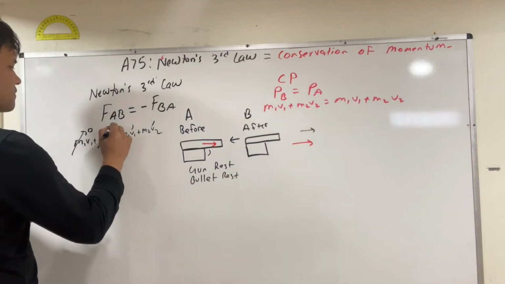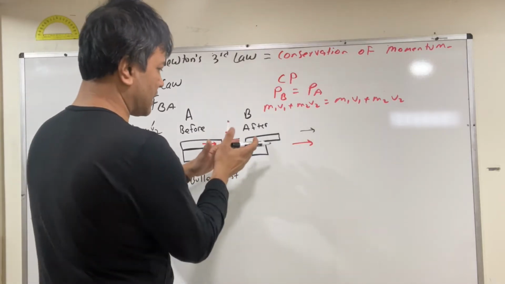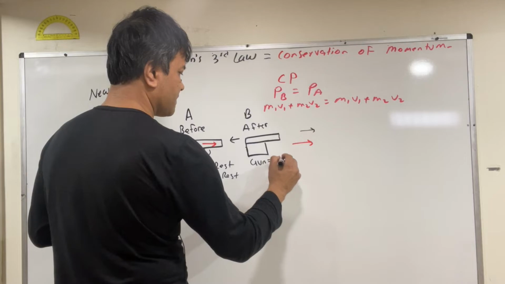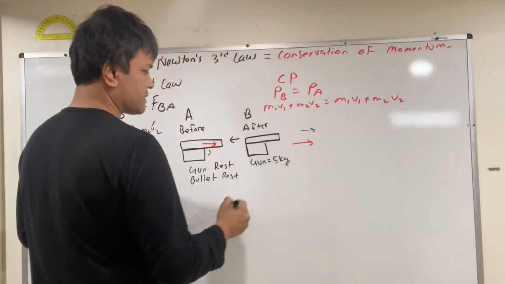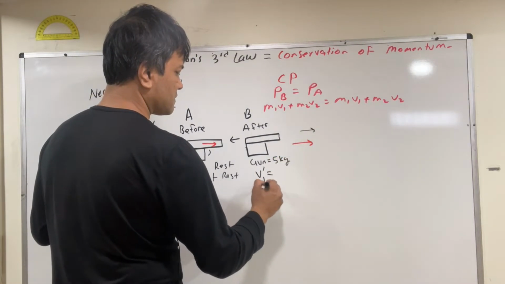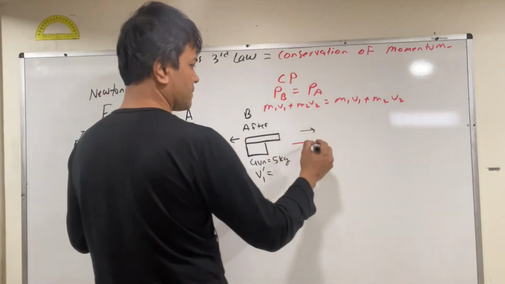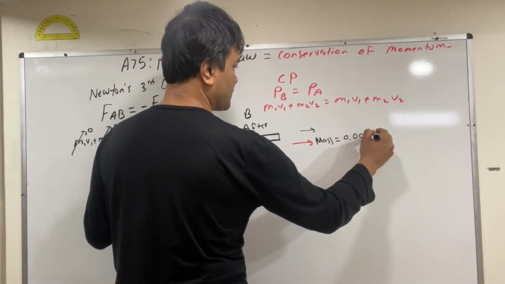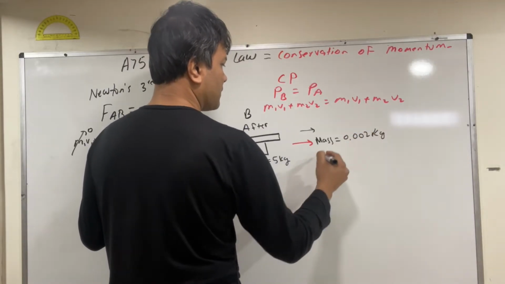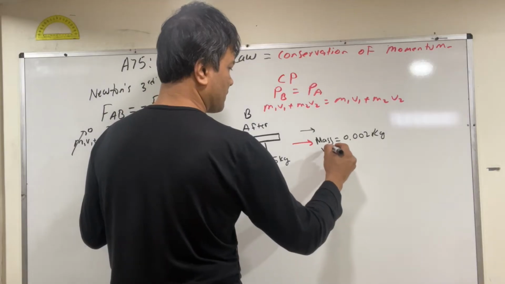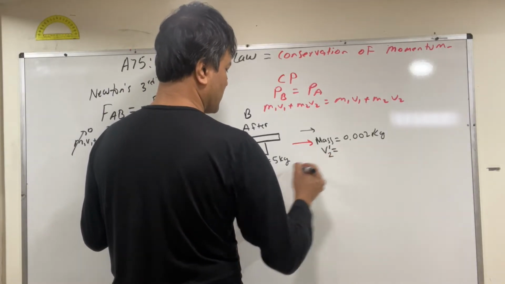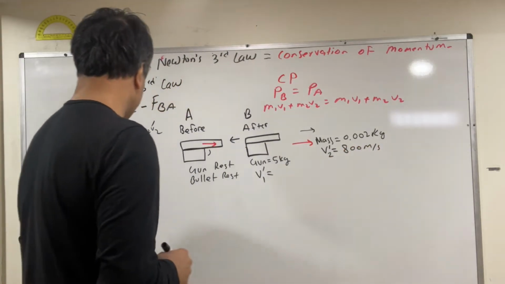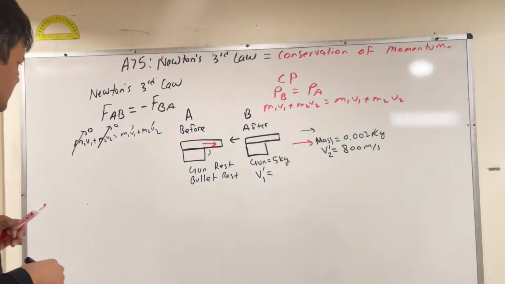After, the gun is not at rest: the gun has some mass, 5 kg, and some velocity that we need to find. The bullet has a mass of, I don't know, 0.002 kilograms, and some velocity, let's say 800 meters per second. A bullet really has a velocity. A bullet moves faster than a car for sure.